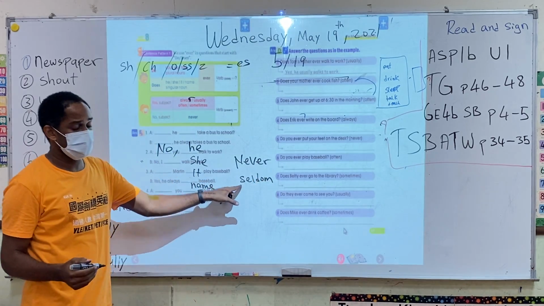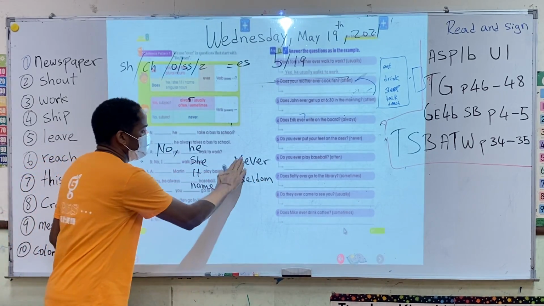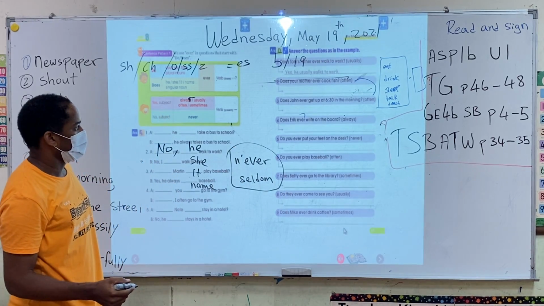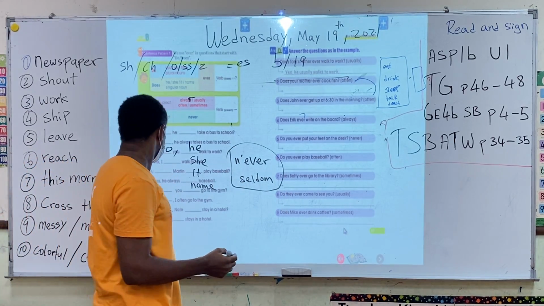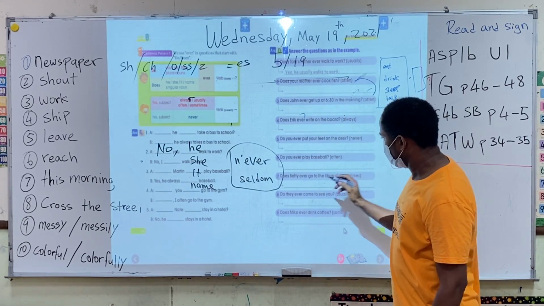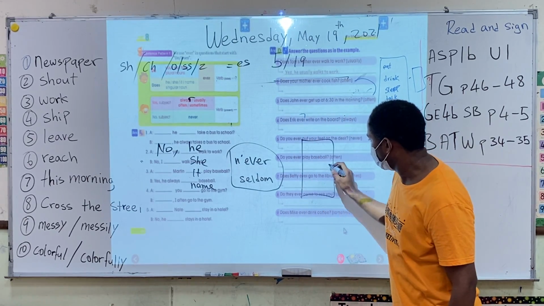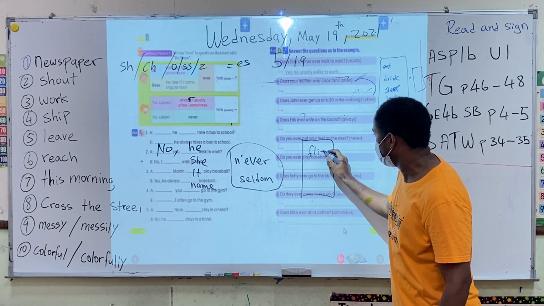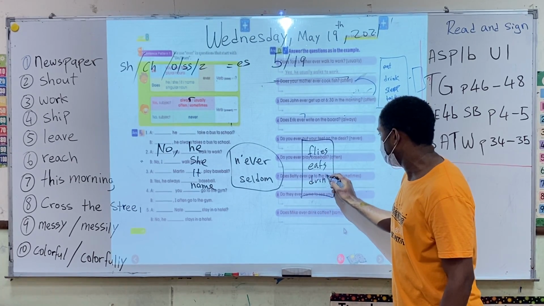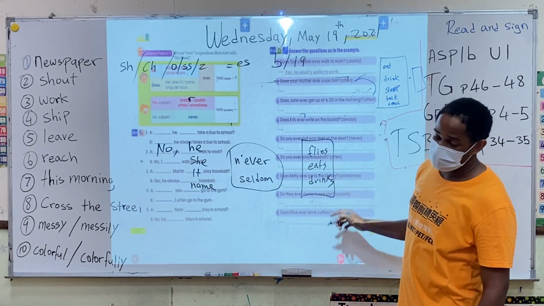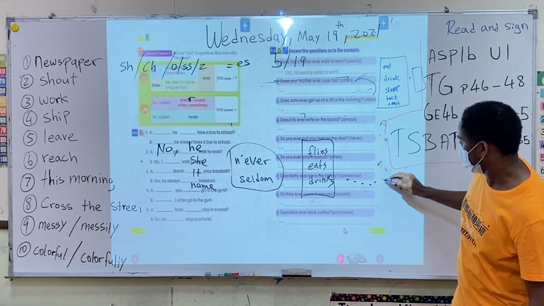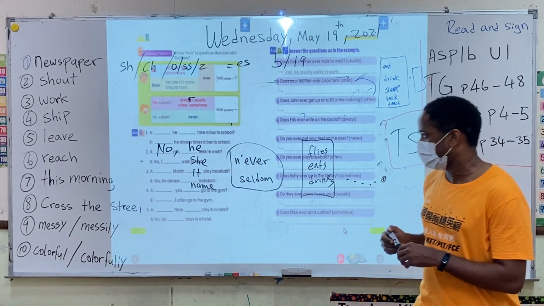Sometimes you use seldom, sometimes you can only use never. Okay? Never. And then it will be followed by the word with S. So fly, F-L-I-E-S, E-A-T-S, D-R-I-N-K-S. Remember to put your S, IES or ES. And remember to put the rest of your sentence.